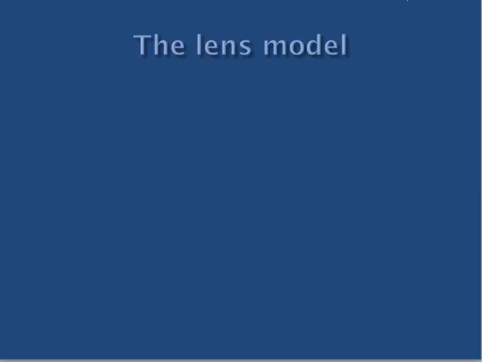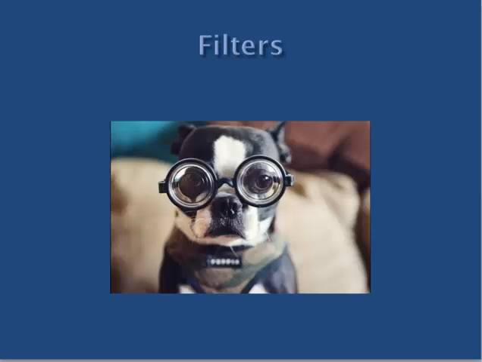So if we go a little bit further into this, let's talk about filters, which are another form of a lens. The way I like to look at this is almost like putting sunglasses on. Sunglasses are for when you're out in the sun, they protect your eyes.